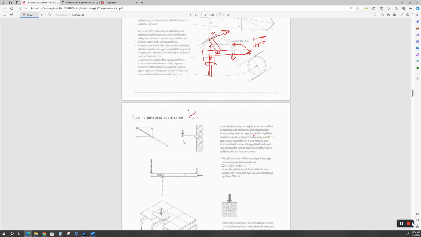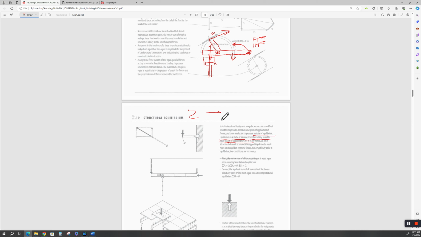Well, let's make sure this is actually working. Yes, it is working. State of equilibrium. Equilibrium is a state of balance or rest resulting from the equal action of opposing forces. Now, you've all probably heard of an equal and opposite reaction.